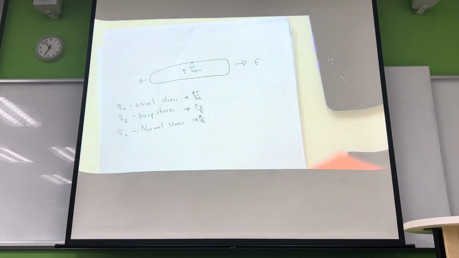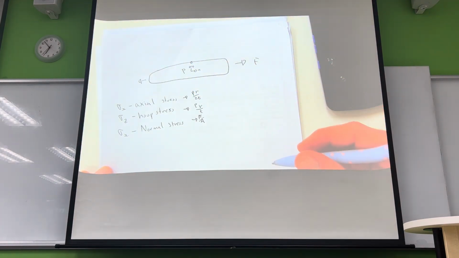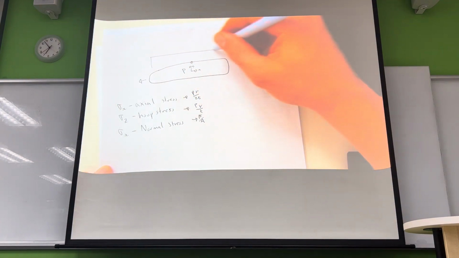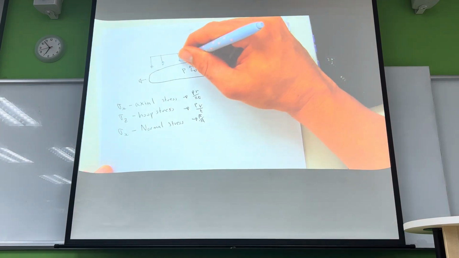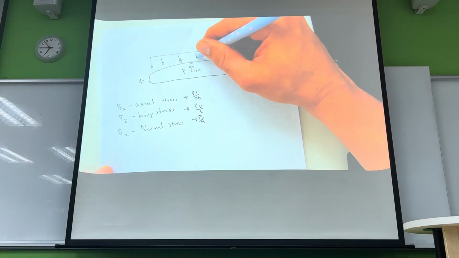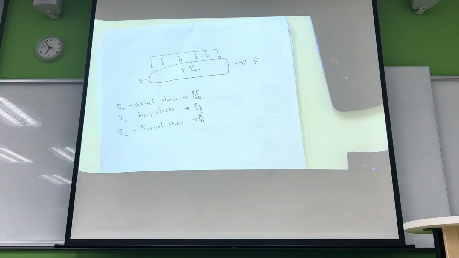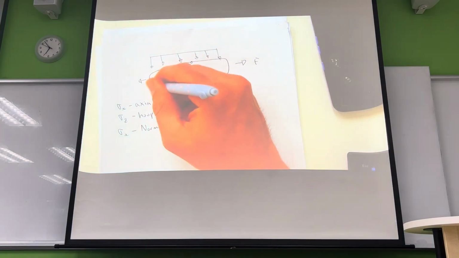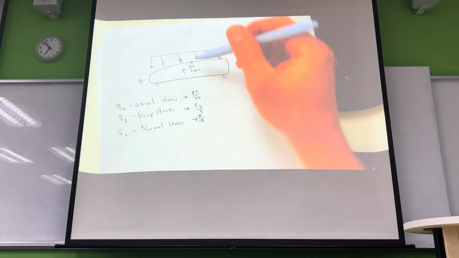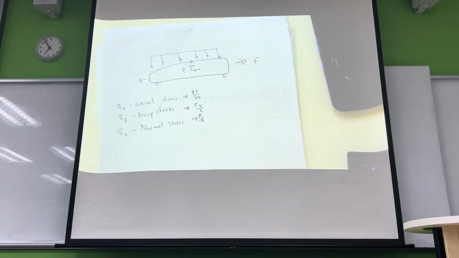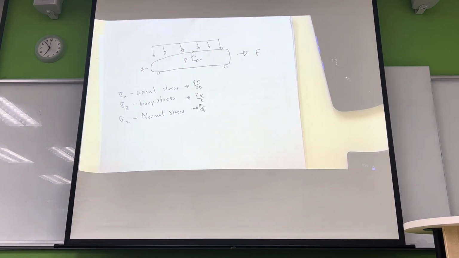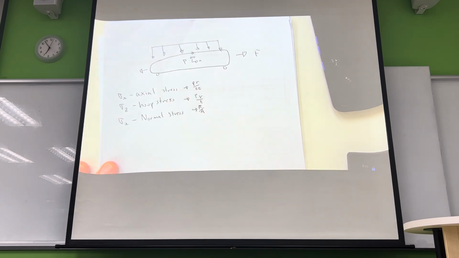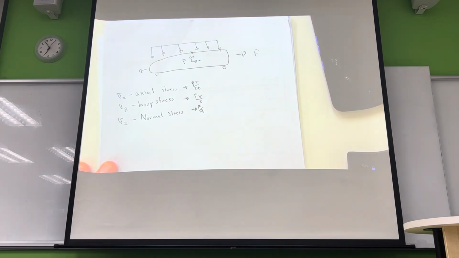In addition to that, there might be some distributed load acting on it. That distributed load might be mounted here and here, and at this point of interest it's going to be inducing a shear stress and the bending moment. So we would have the bending moment, which direction is that going to be adding a stress in? Is it the X, Y, or Z?